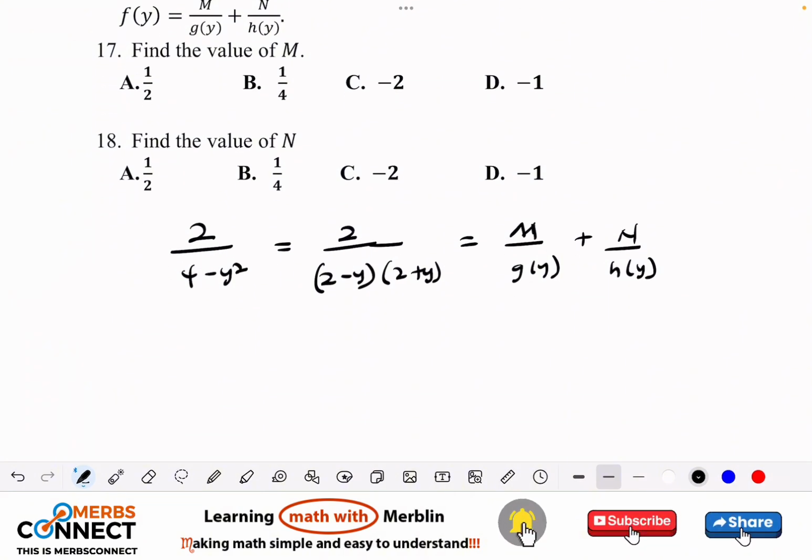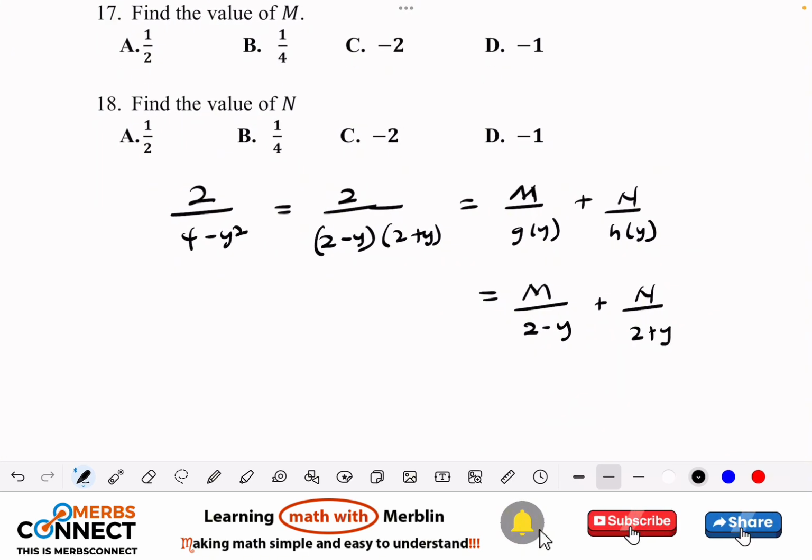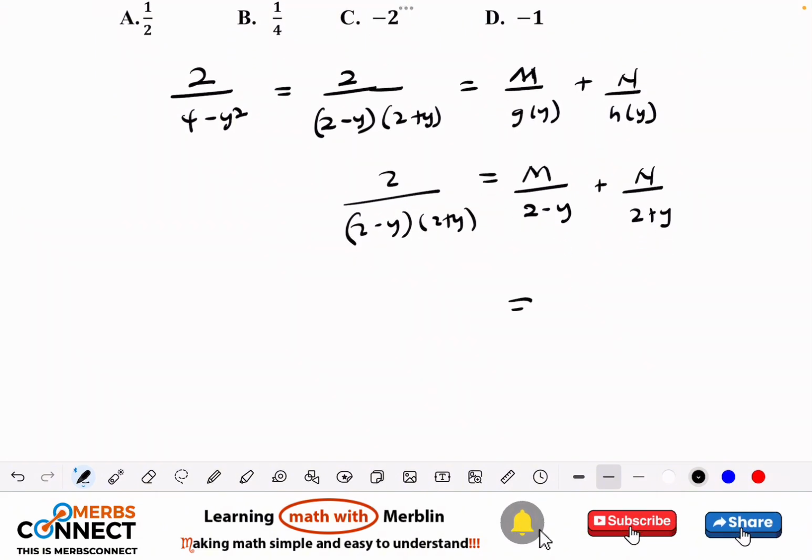m over 2 minus y plus n over 2 plus y. So what I can do here is I can say that this is m divided by 2 minus y, I will choose this, plus n over 2 plus y. Good. So now let's go to the partial fraction here. So what will be the LCM here? 2 minus y and 2 plus y.